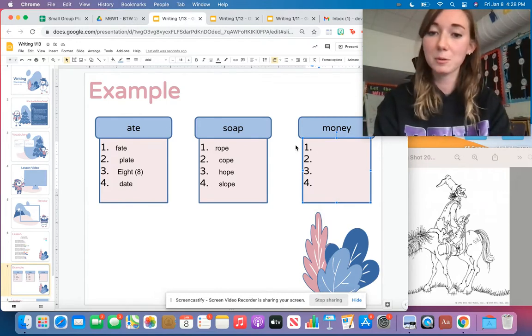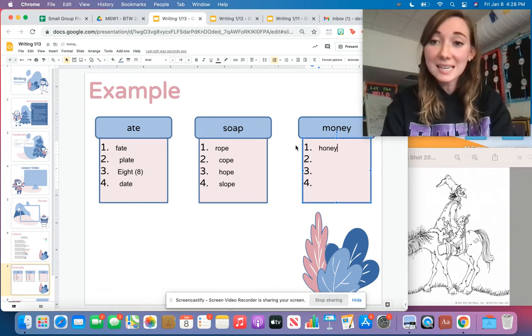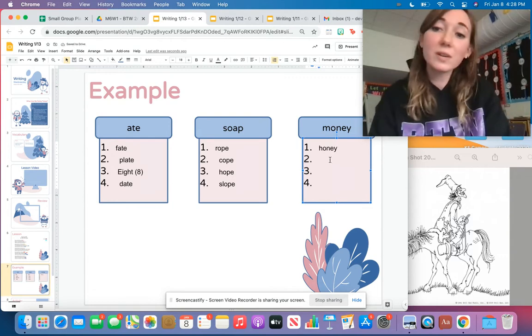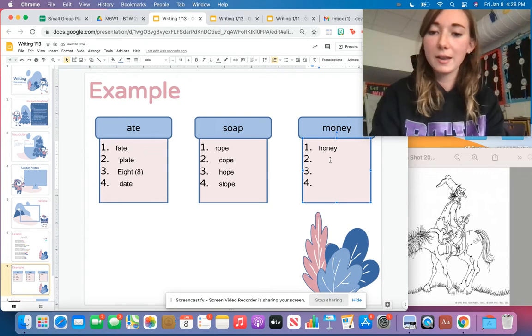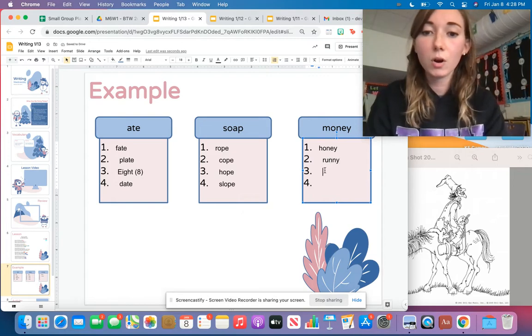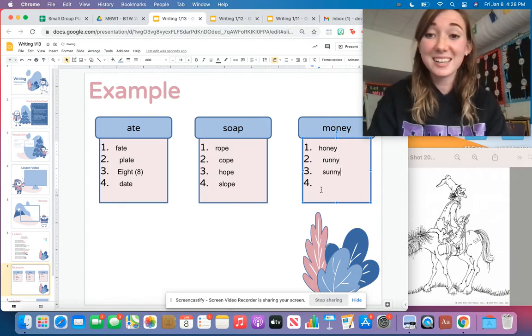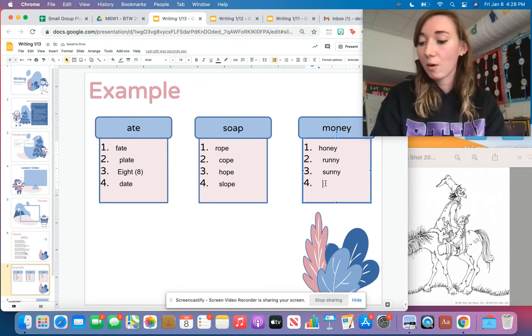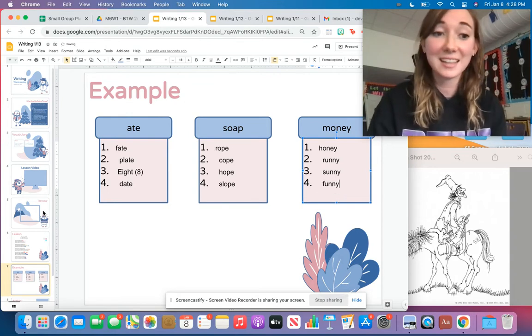Another word that rhymes with money could be honey, like honey from a tree or bees. Another one could be runny, like my nose is runny. Or sunny, as in it is sunny outside, or funny, like that poem we listened to is funny.